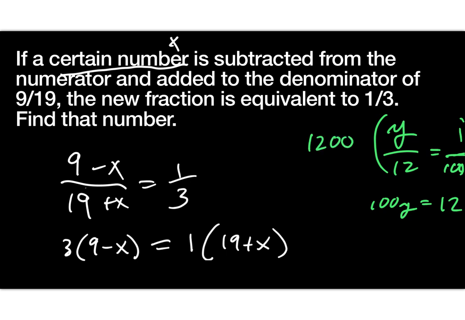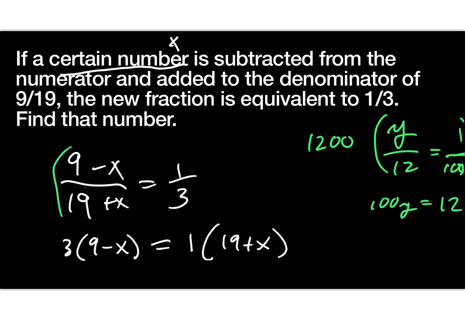Why, you say? Because this is 12, that's 100. My common denominator is 1200. And when I do that, the 12s will reduce on the first one, leaving me 100y. Over here, the 1200 times 1 is 1200. 1200 over 100 is 12.